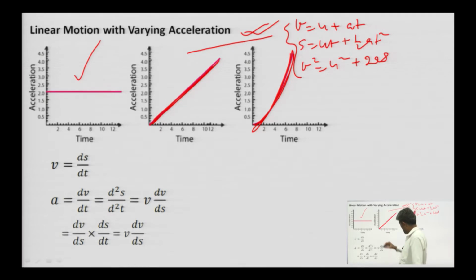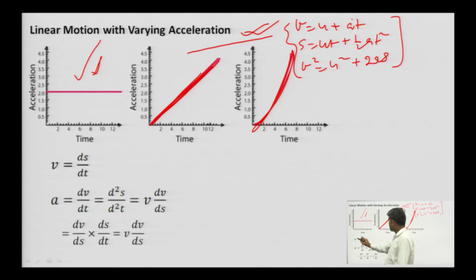Why? Because acceleration is changing, acceleration is not constant. Those are applicable to the constant case only, which we covered in the last two classes. So, what will be the procedure to find?